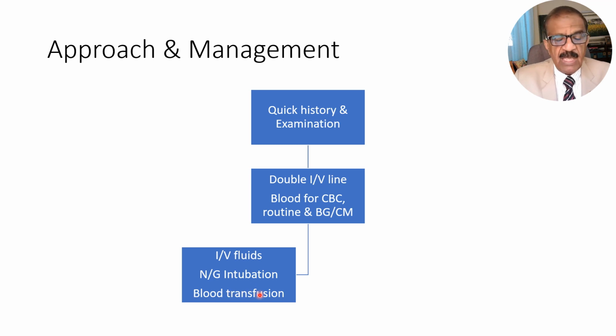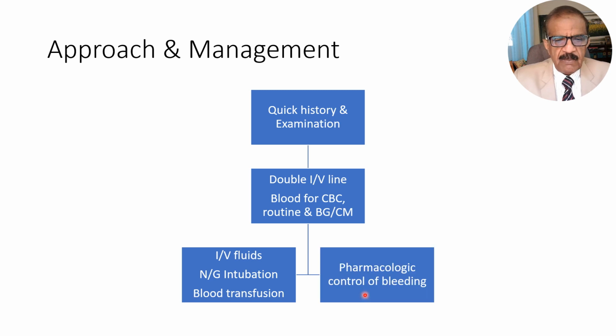If somebody has 8 gram, 9 gram, and especially if that person is hemodynamically stable, I think it is best to arrange blood transfusion but not give it, and secure hemostasis. And once a definitive treatment of variceal bleeding is done, then if needed, blood transfusion can be given. At the same time, in parallel, we try to stop bleeding.